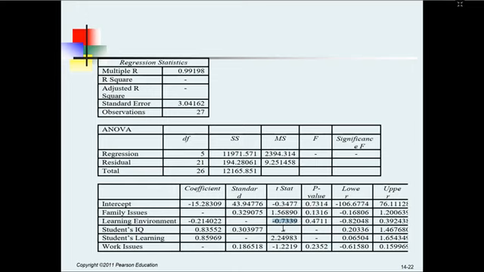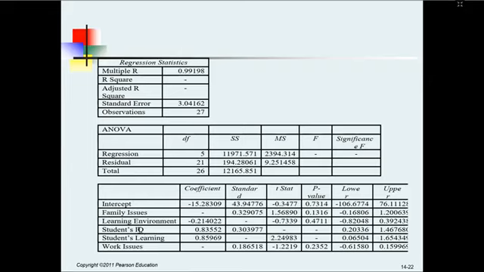Then what about the student's IQ? 2.7486. That one is greater than, so it is significant. So the student IQ is significant. And the student learning is 2.249, which is greater than, so this is also significant.